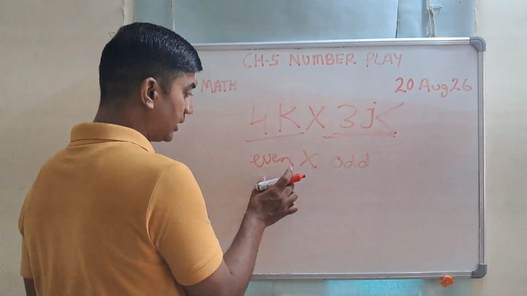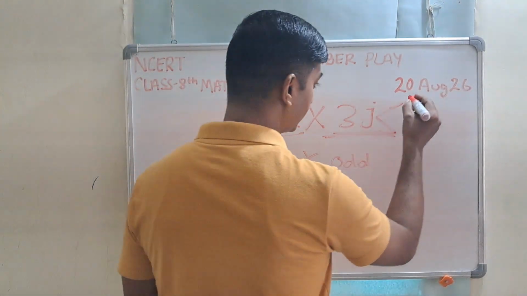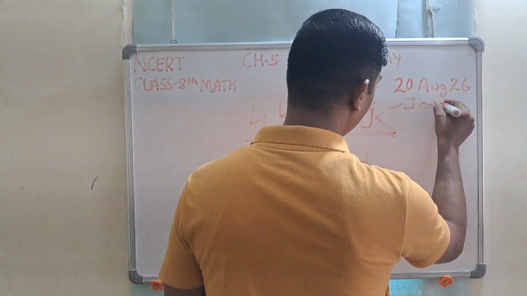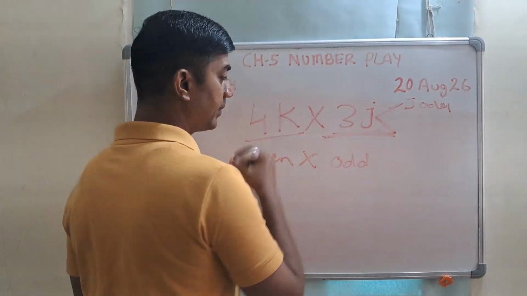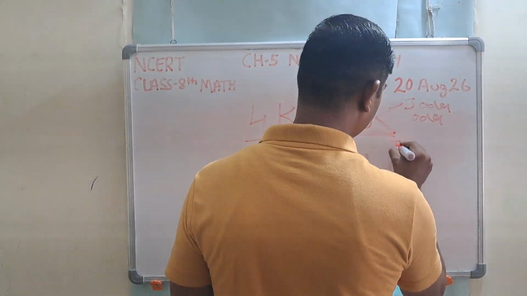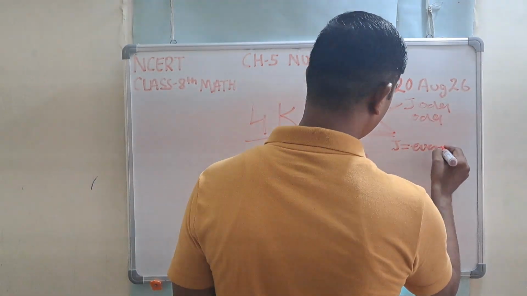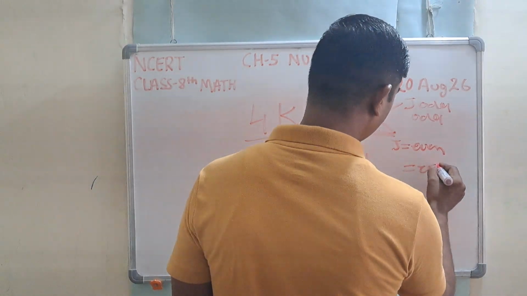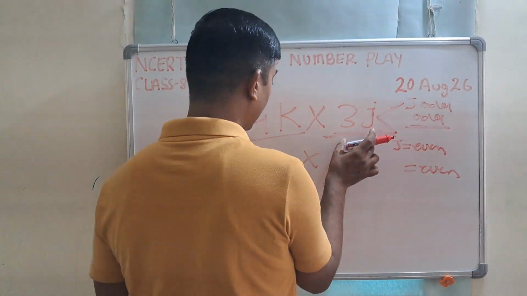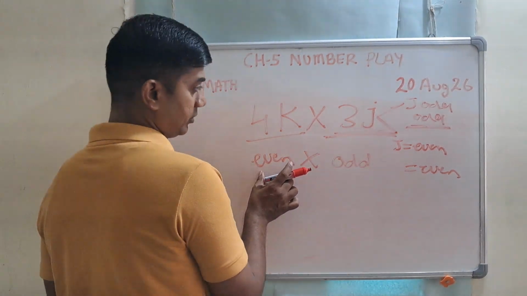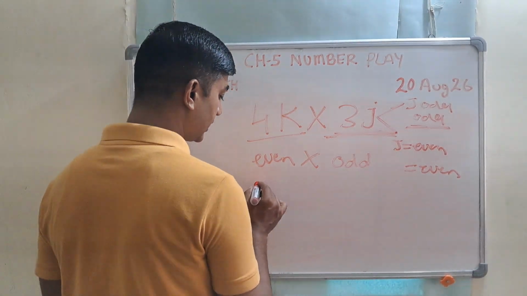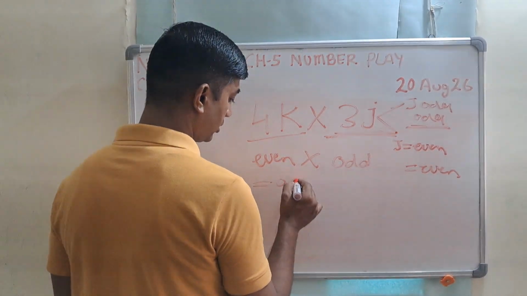This expression is definitely even, but when j is odd, odd multiplied by odd, we will get the result odd. Understood? And when j is even, we get the result even. When odd is multiplied by even, you will get the result odd.